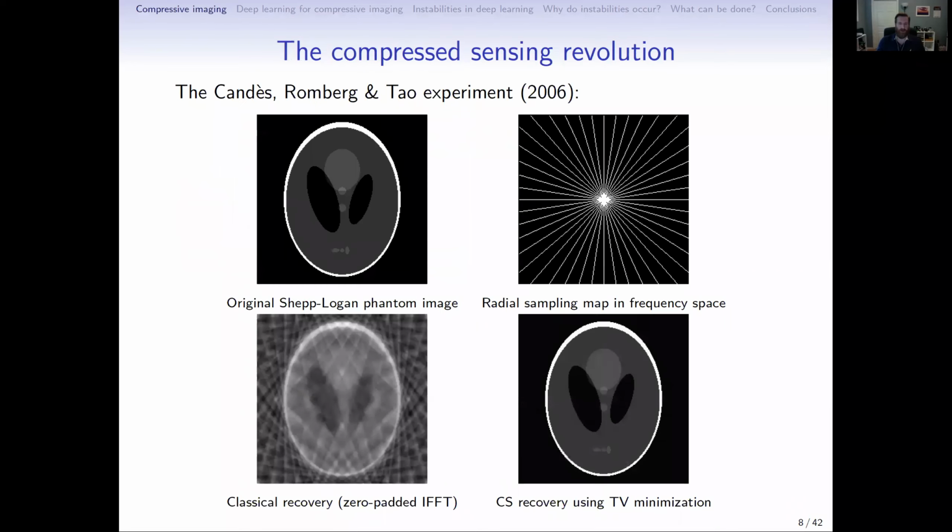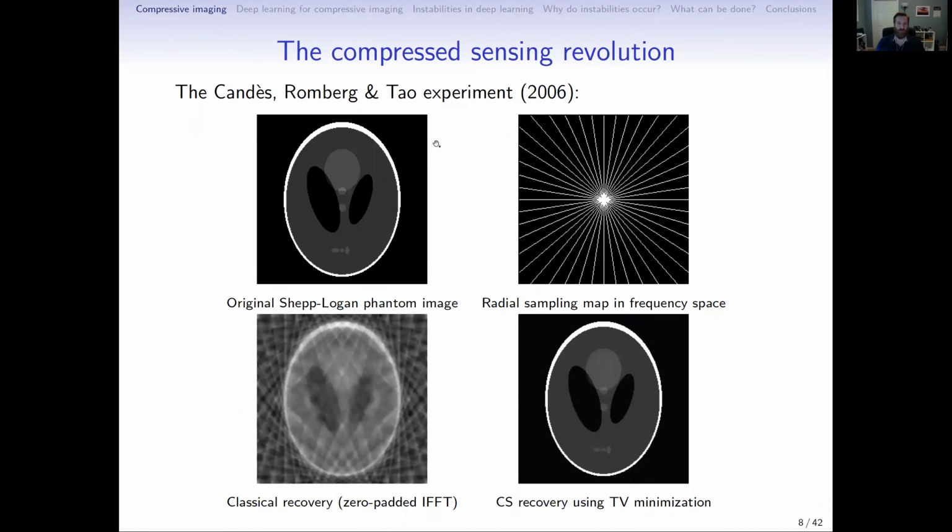So what happened in the 2000s was that compressed sensing came along. Especially in the context of imaging, this was really initiated by the famous paper by Candès, Romberg, and Tao. What was perhaps most influential, certainly for practitioners, was the experiment performed therein.